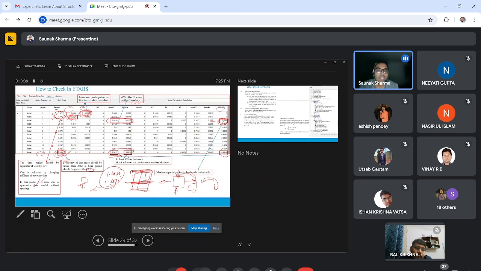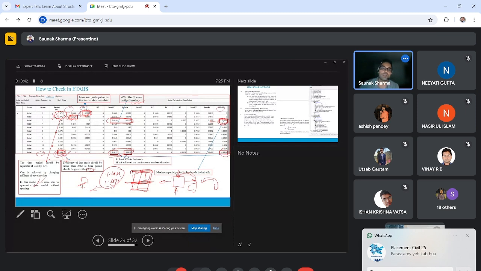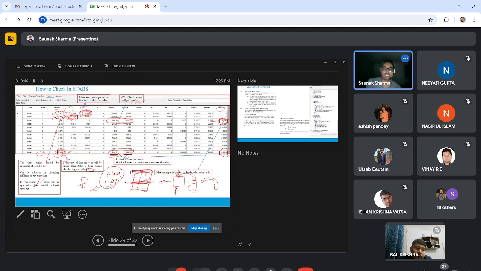Otherwise, we can add some shear wall in one direction, so that this time period will be departed by 10%. These are the model parameters we check in ETABS.